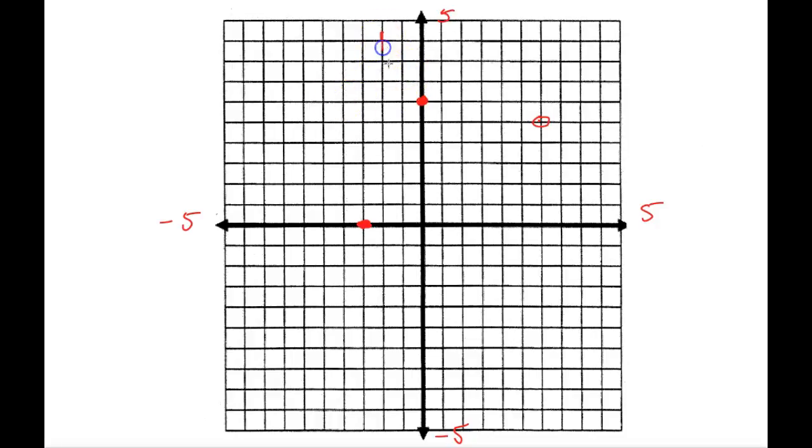So that would be around here. And we also have a horizontal asymptote at y equals 2. So that would be here.